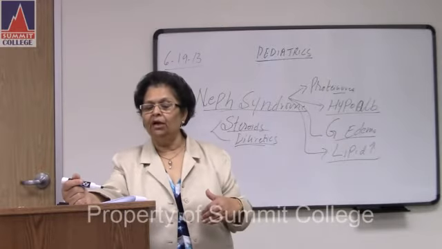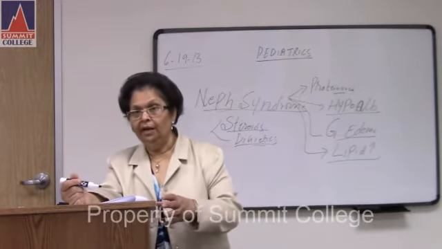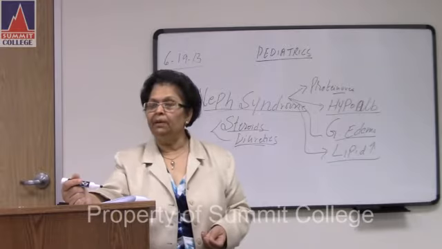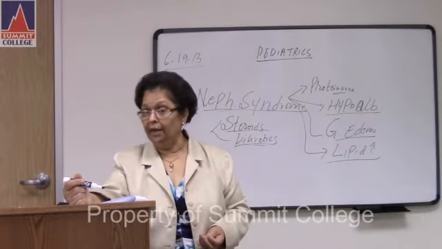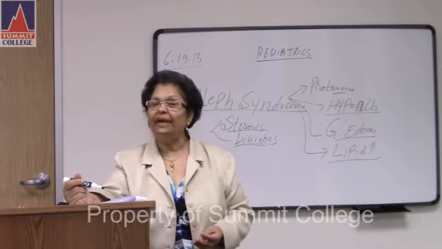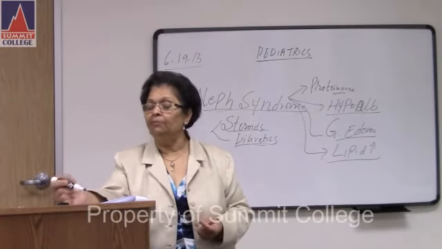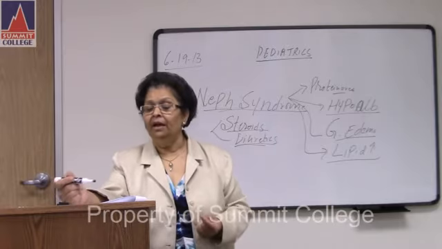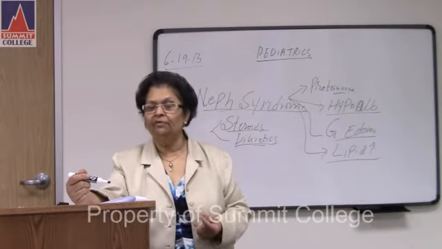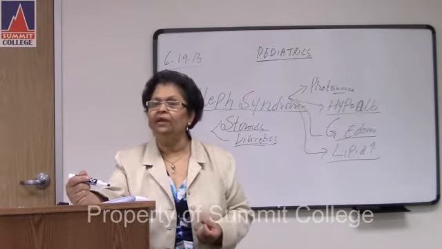So let me go back to intervention, the first line. Because it's a kidney problem, yes, you do need to monitor I and O. And number two, weight, because they're gaining weight, yes. And urine output, protein you monitor, and regular diet. So you can give them a regular diet, but what do we restrict?